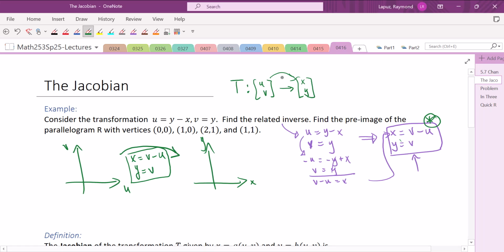And so what they're saying here is that you have a parallelogram on the xy plane that has 0, 0, 1, 0, 2, 1, and 1, 1. Oh, they kind of wrote this backwards. Not backwards, but it didn't seem to be in order.